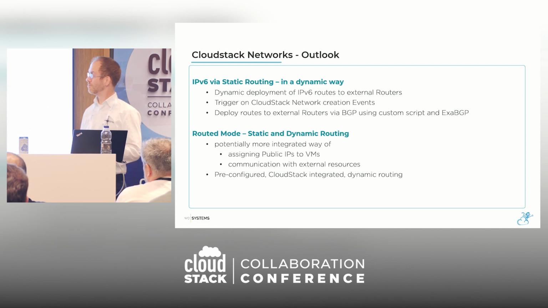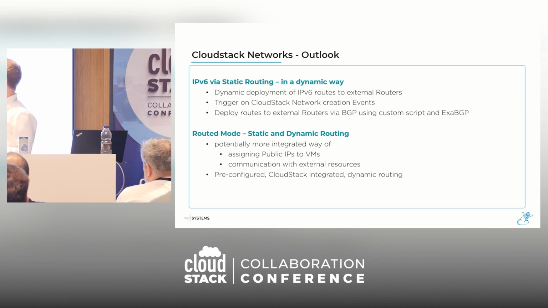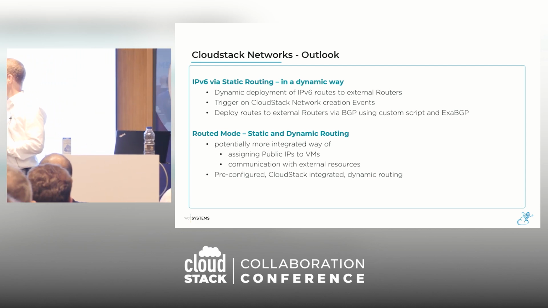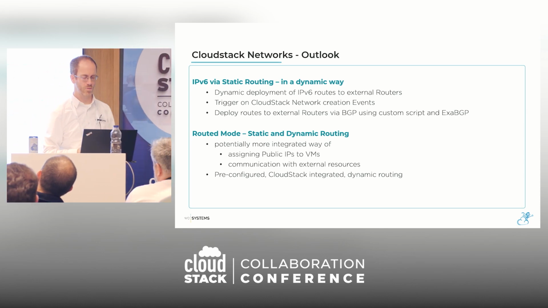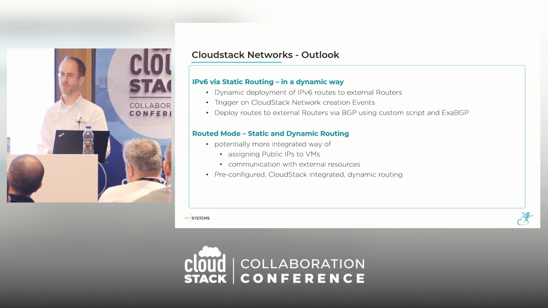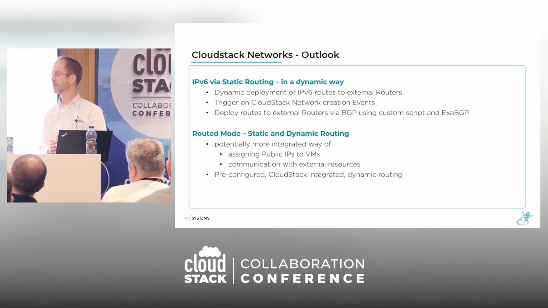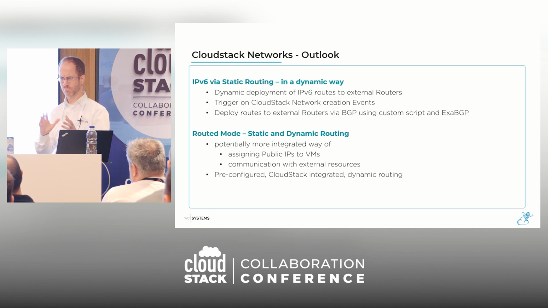And the outlook, as I mentioned, is how to improve the IPv6 deployment or provide IPv6 within CloudStack. It is already there for isolated networks and VPC.